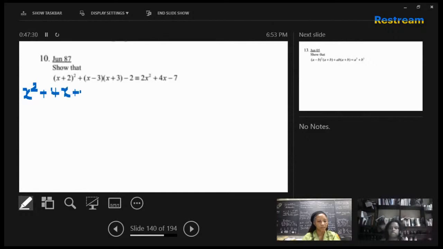And this is the difference of squares, so that would be x squared minus 9.